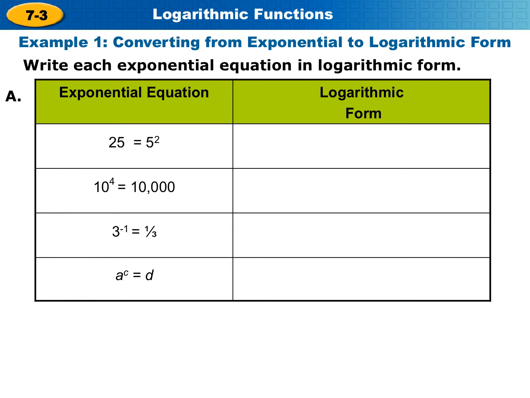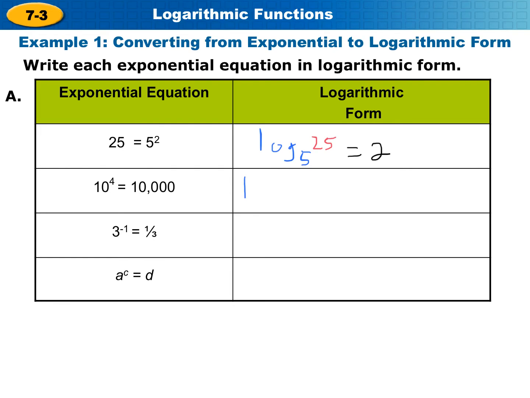Now we're going to get comfortable switching back and forth between the two forms. We're going to take the exponential equation and write it in logarithmic form. So we have the logarithm, and the base here is going to be 5. The answer is 25, and then the exponent is 2.